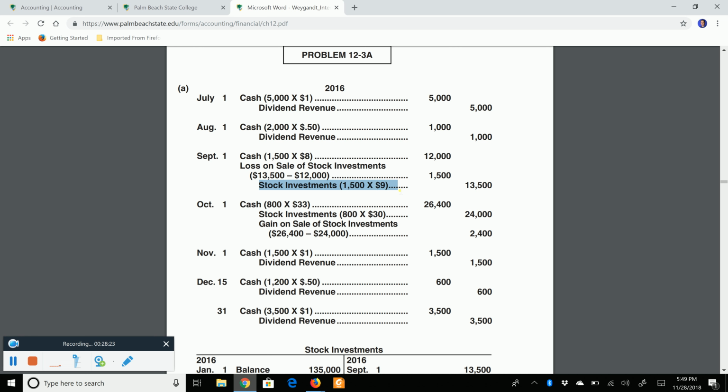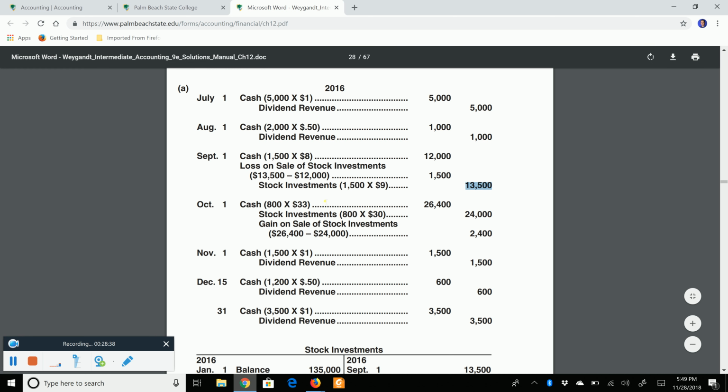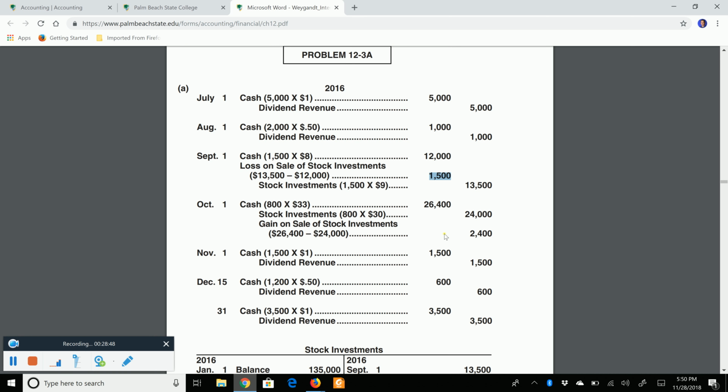And like we said a few seconds ago, that original cost was $9 per share. 1,500 times 9 is $13,500. The difference between our original cost of $13,500 and the cash we received of $12,000, that $1,500 difference is a gain or a loss. In this case, it's a loss. We sold it for less than we originally purchased it at.